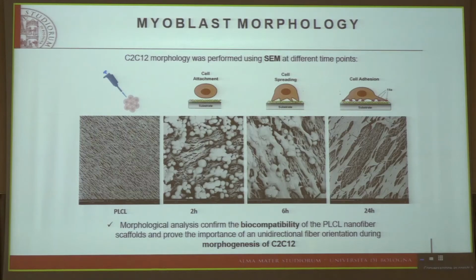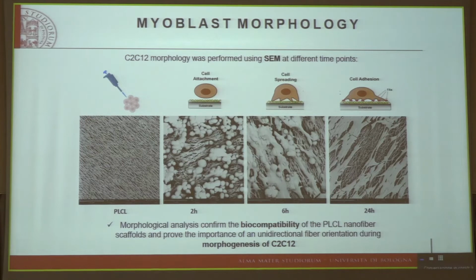Indeed, in order to confirm again the biocompatibility of our chosen material, we performed scanning electron microscopy to look at the cell morphology. We seeded our cells on the scaffold, then we looked at them after 2 hours. At 2 hours, we have the first phase of cell attachment, where the C2C12, as shown in the figure, have a spheroid shape due to the previous trypsinization.